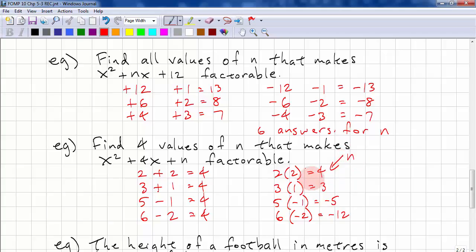Question is, are these the right answer? Are there more answers? And there are actually an infinite number of answers because we can always keep adding 1 and subtracting 1 from this side, and the sum will be 4.